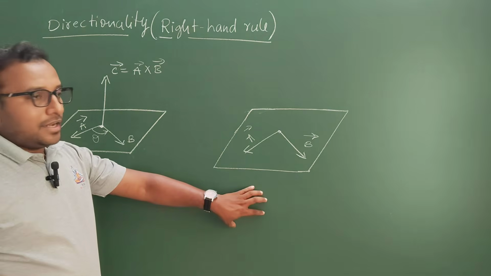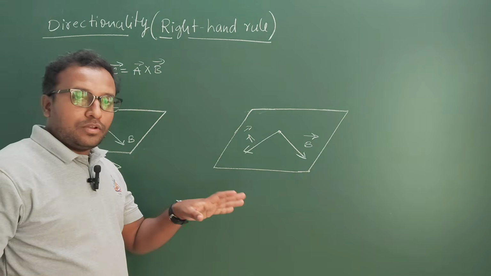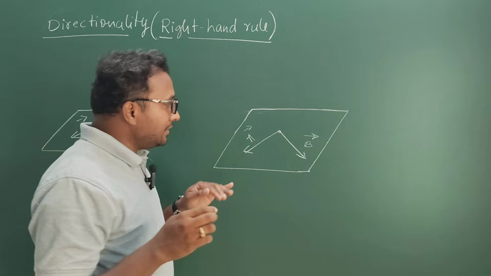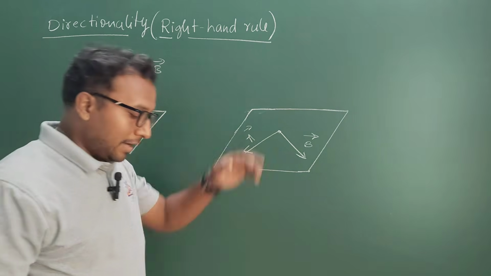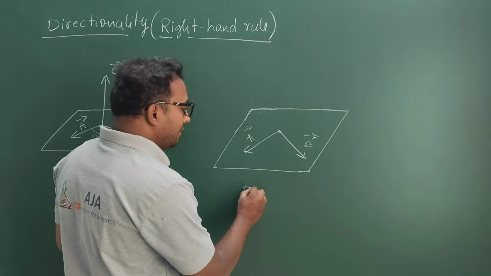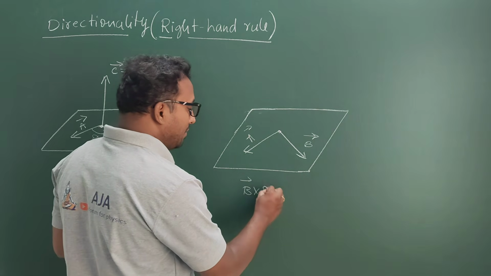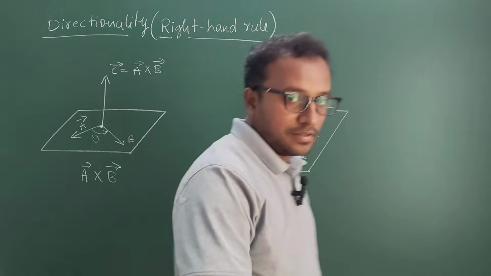And let's come to the second diagram, where this is also a horizontal plane, and in the same plane the same two vectors A and B are spanning. Now I am going to calculate not A cross B but B cross A, something like this.